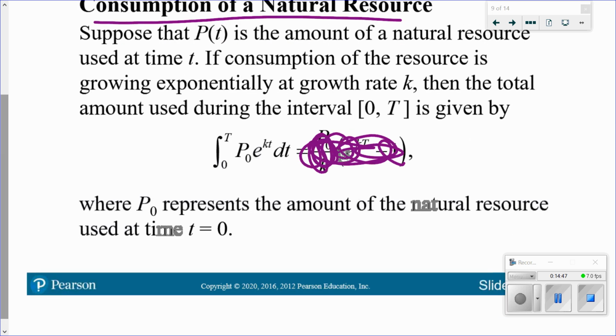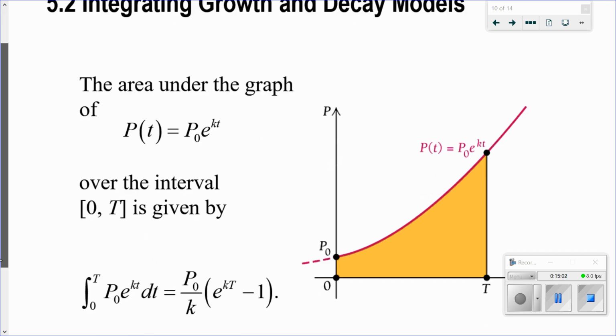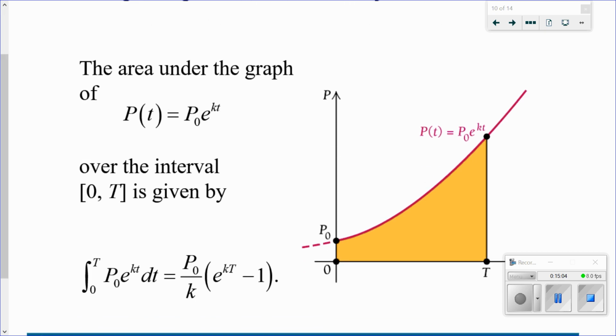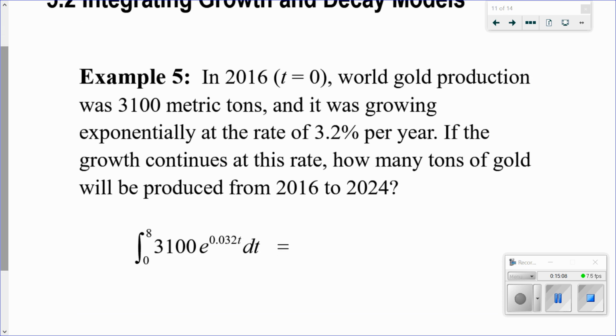You will set it up just like the accumulated future value ones. Our use of natural resources grows over time, and that's just the area under that curve. We're not going to worry about that right now. But in 2016, so that is the beginning of time, world gold production was 3,100 metric tons.